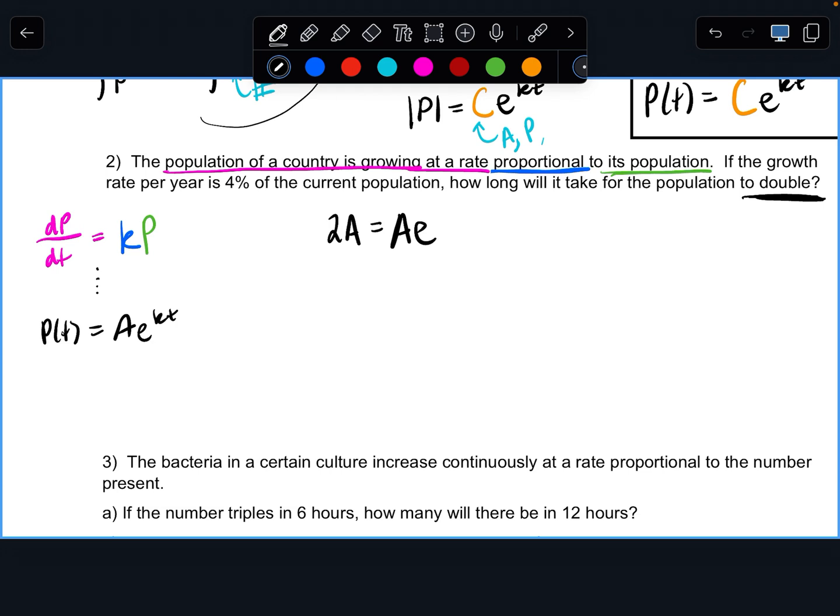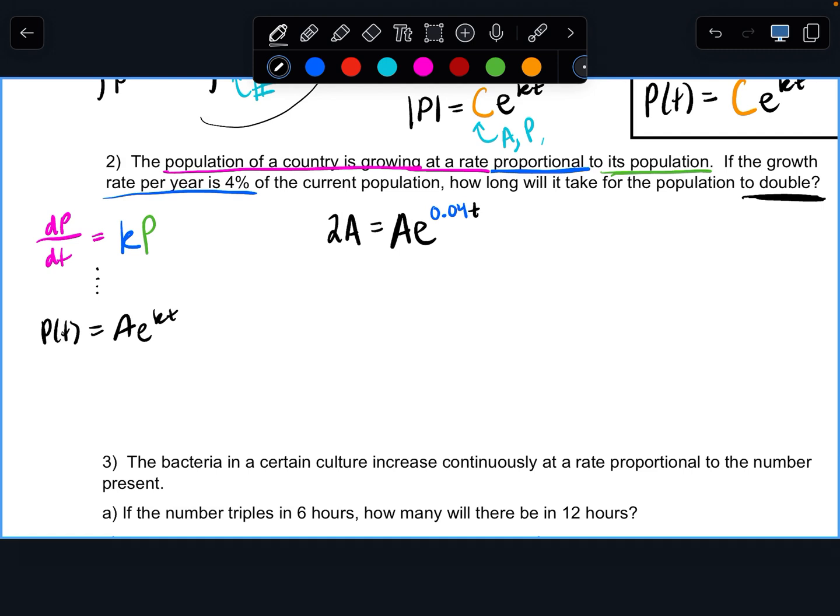So whatever my population is, if I want it doubled, I do 2A, triple 3A. Okay. So A is your initial, doubling is 2A. And then they give me the rate per year is 4%. So I'm going to put 0.04 because percent, you got to change it. And then T, because they said how long will it take.